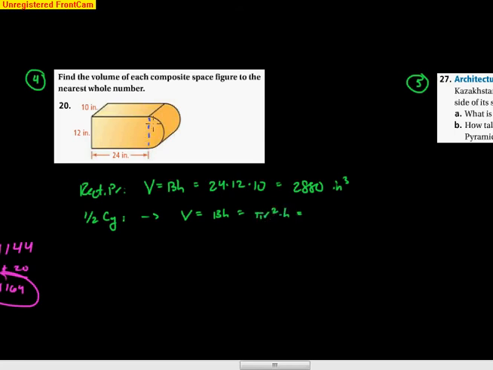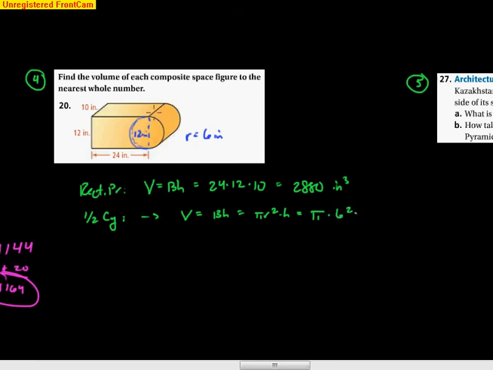Now the only tricky part here is understanding what the dimensions for this cylinder are. You have to be able to transfer this 12 up to here. That's why I drew this dotted line. This would be the circle if I finish it. So this 12 inches is the diameter. I need the radius, so the radius of this cylinder is 6 inches. Pi times 6 squared.